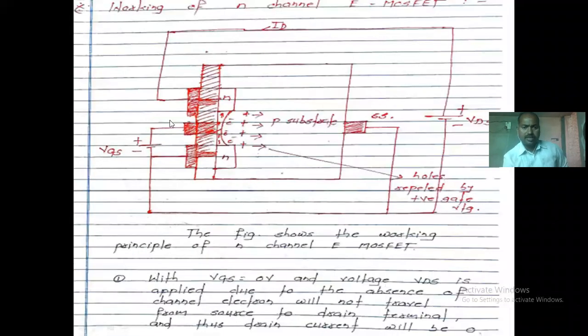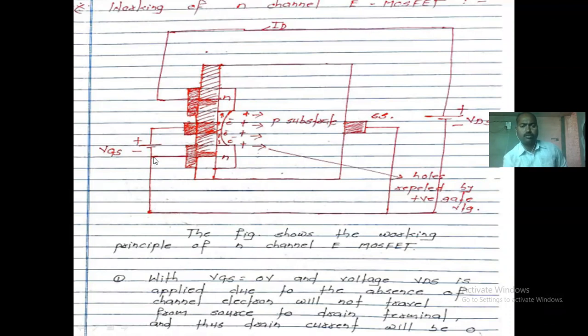Initially, I will tell you this thing related to the MOSFET. We apply two supplies for this configuration of enhancement type of MOSFET. One supply is VDS, applied across your drain to source terminal. Another power supply is applied as a positive between gate and source, right?